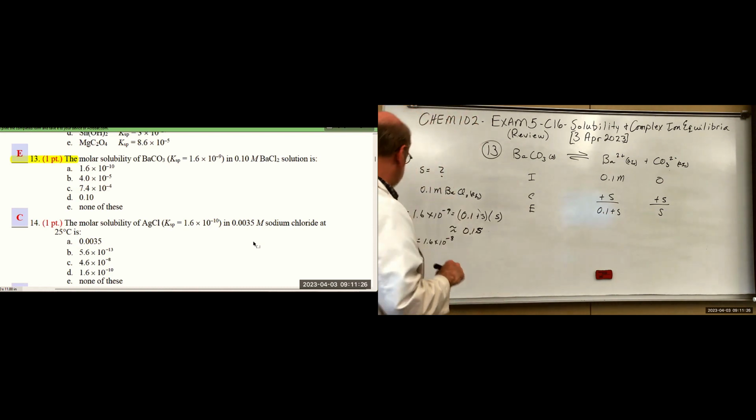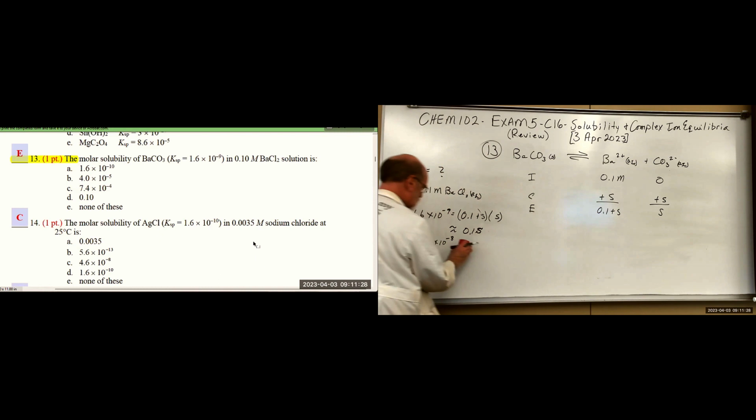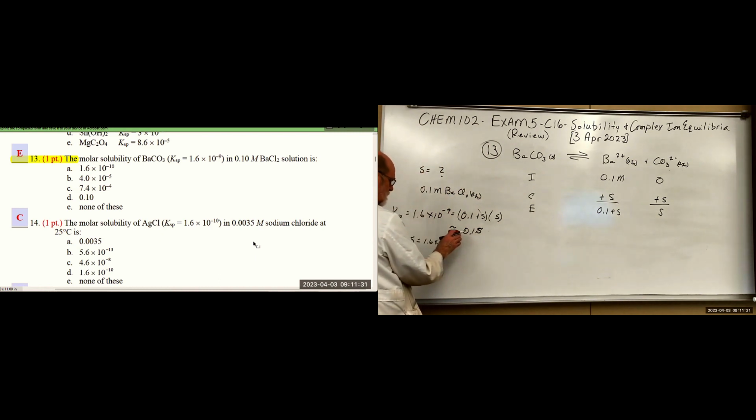Now I went the wrong direction. Excuse me. I tried to skip a step. This should be S equals 1.6 times 10 to the minus 9, and since this is in the numerator, it has to be in the denominator over here, 0.1.